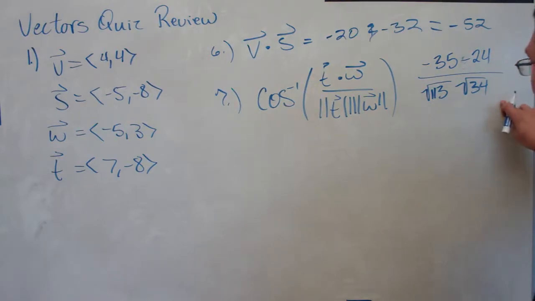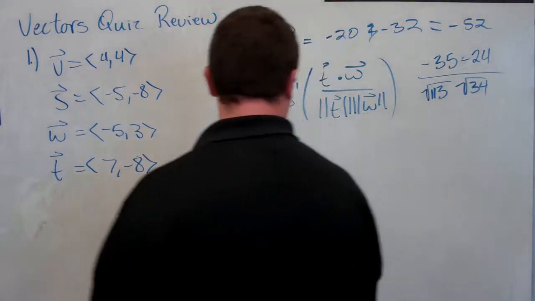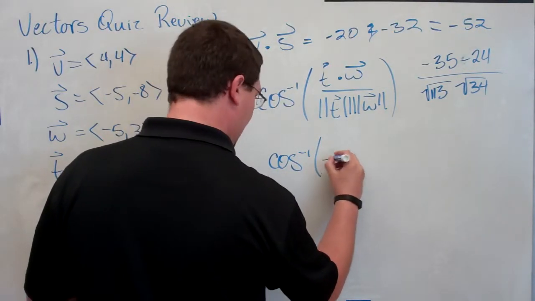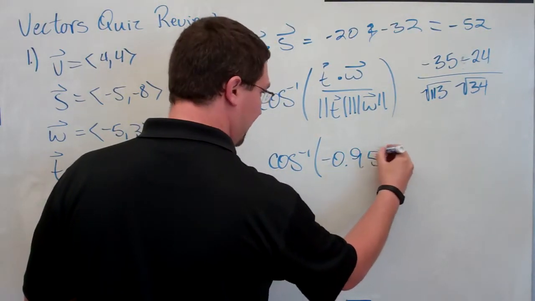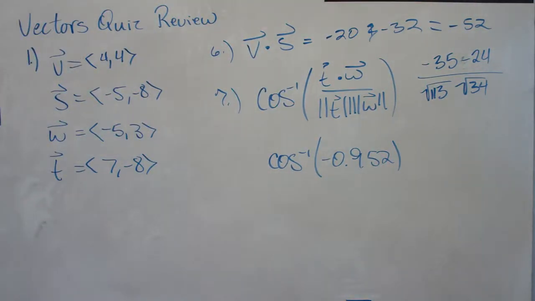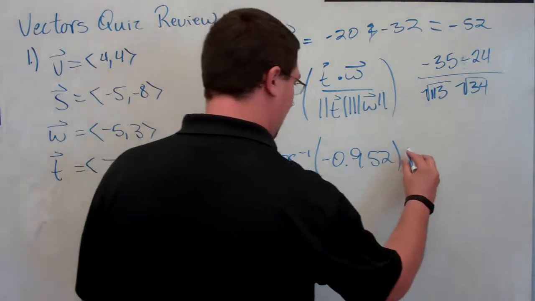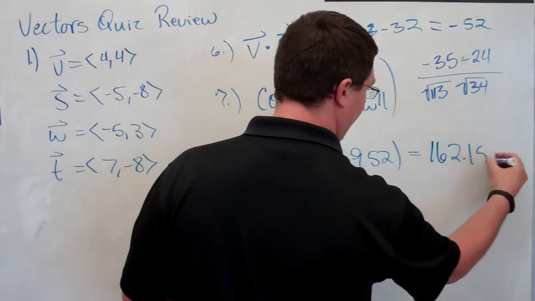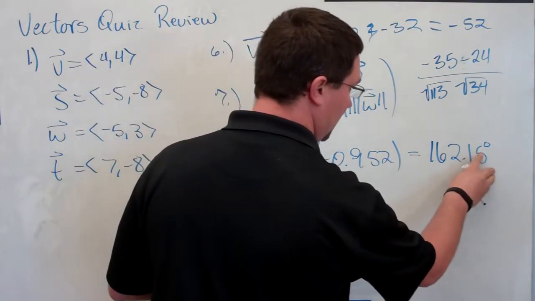Now, just simply do this math in your calculator. You'll get the inverse cosine of negative 0.952, and of course it's going to run on. I can't write the run on here, but you would want to use second answer so you can pull that whole thing into your inverse cosine. When you do that, you are going to end up with 162.15 degrees.